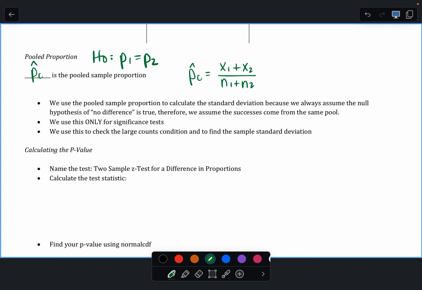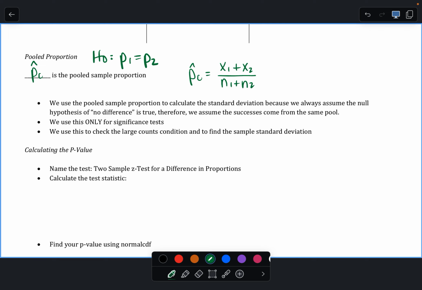If you're telling me they're equal and I believe it to be true, they should be one big population. So this calculation, this PC hat, is not used for anything other than a two-sample z-test.